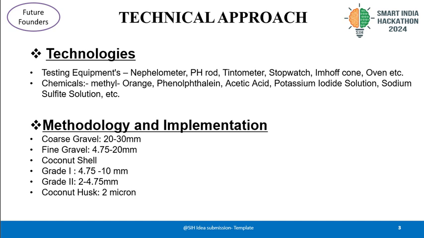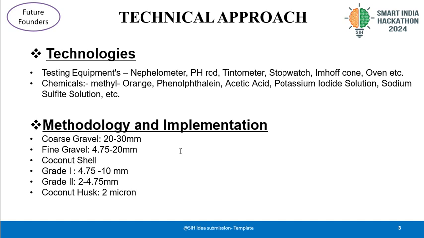Then methodology and implementation. The bottom layer that we are going to provide is a layer of coarse gravel ranging between 20 to 30 mm. The reason behind using this coarse gravel as the bottom layer is to sustain the load from the upper layers. Above that layer, we have a fine gravel layer ranging from 4.75 to 20 mm.